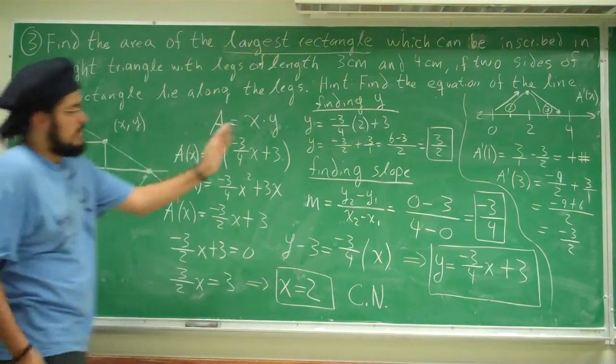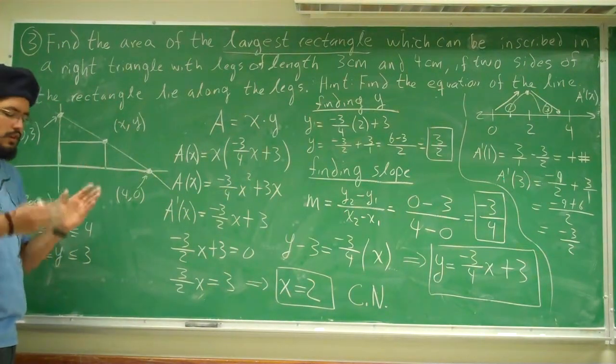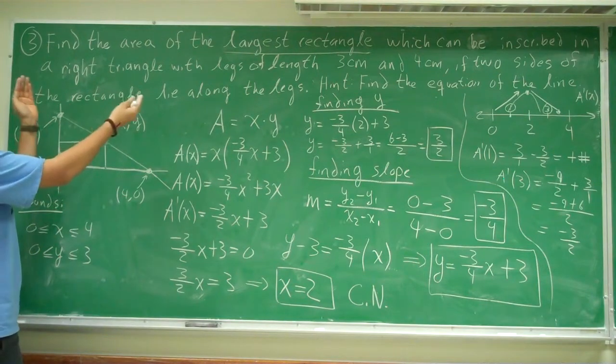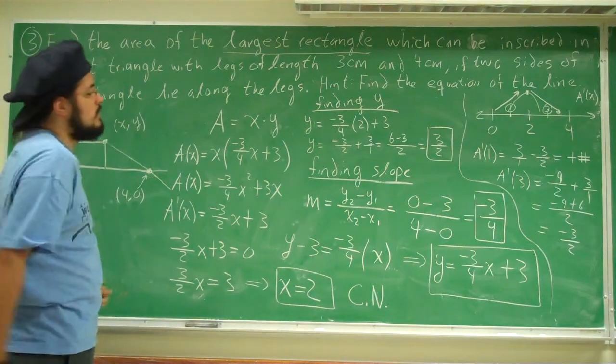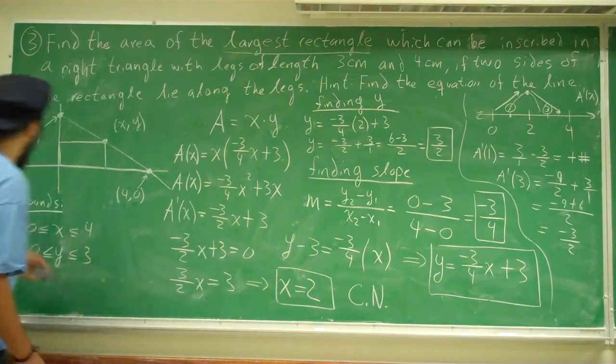Okay, so we have y is 3 halves and x is 2. Those are the x and y values that will produce the largest area for this rectangle. Now let's find that area. So erase this over here and I'll find the area over here.